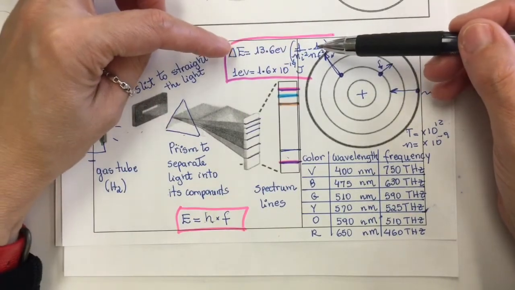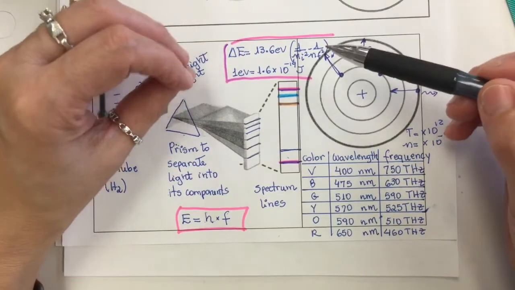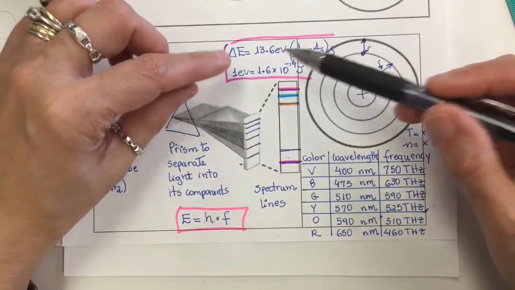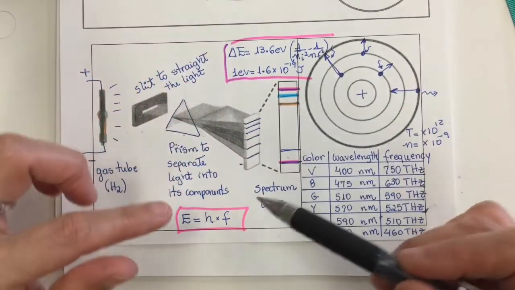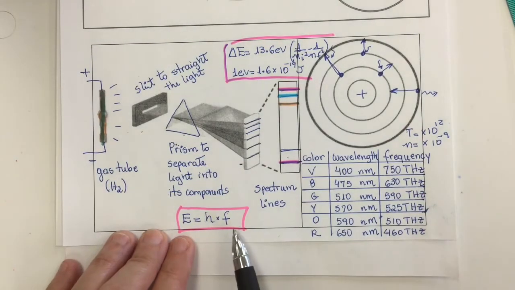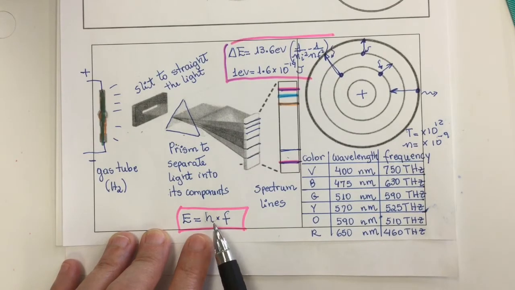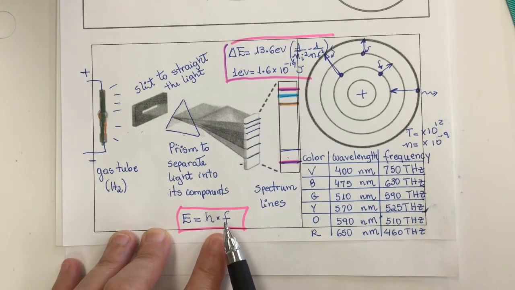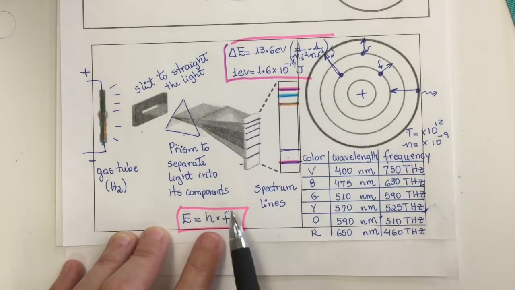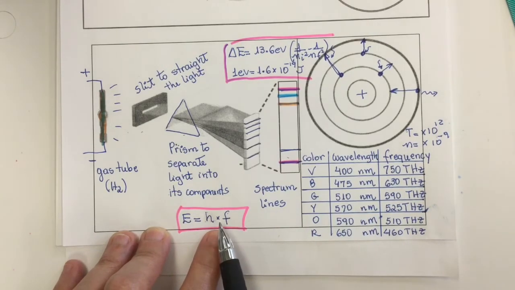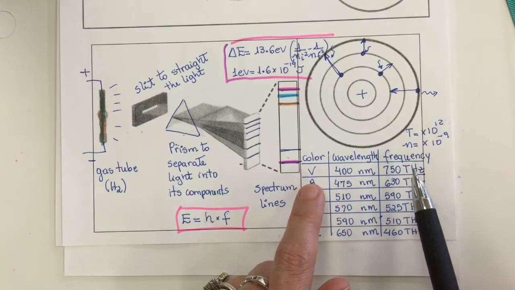With this formula, we can quantize the change in energy and convert this energy from electronvolts to joules. And from this energy, we can apply the energy formula for light, using the Planck constant and the frequency. Once we have the energy, we can calculate the frequency of that jump, and this frequency can be translated to a specific color.